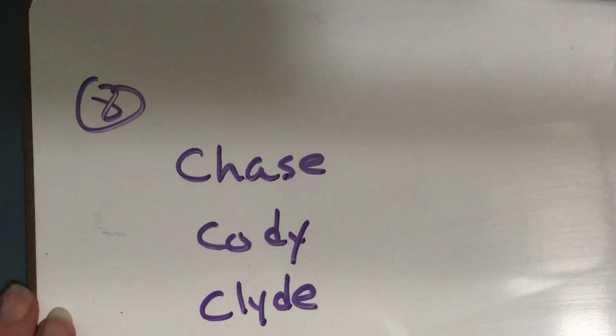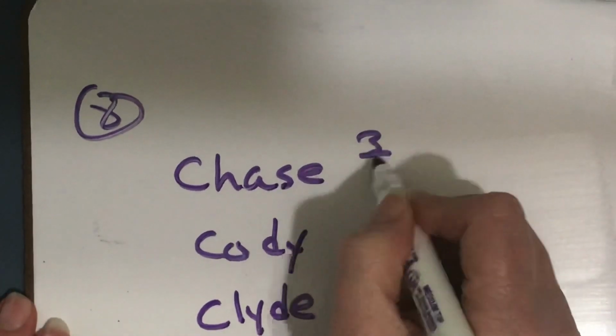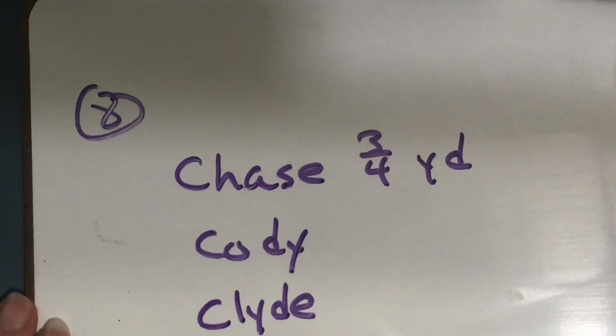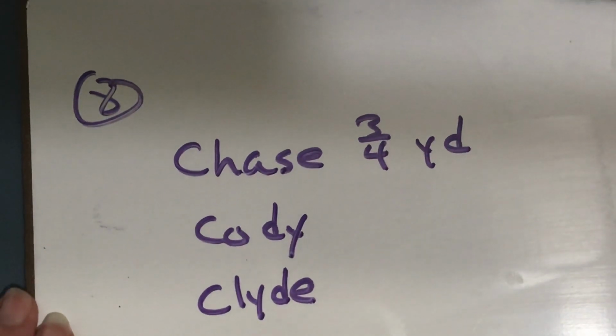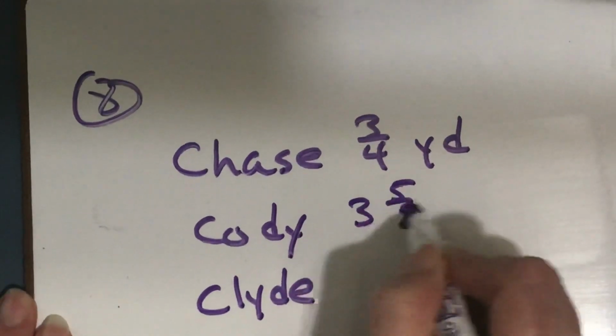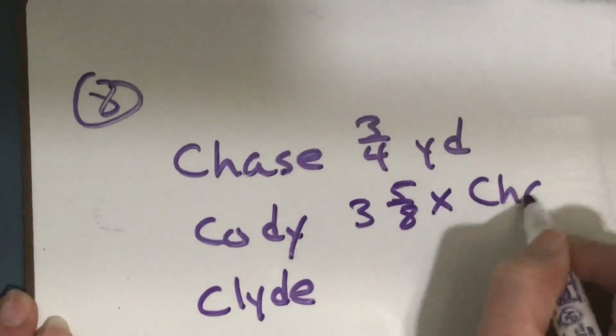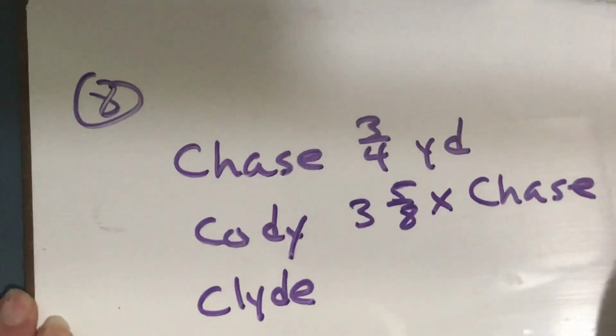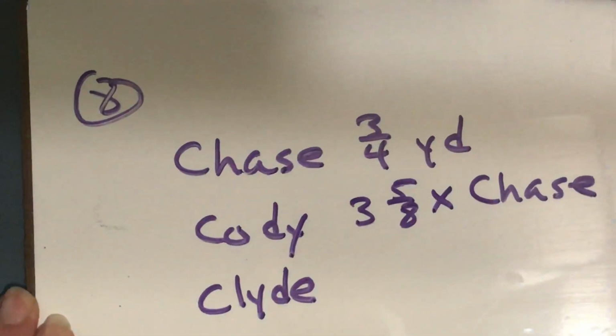Okay, so the first thing I know is that Chase has 3/4 of a yard. And that Cody, it says, has 3 5/8 as much as Chase. So 3 5/8 times Chase, which would be 3 5/8 times 3/4.